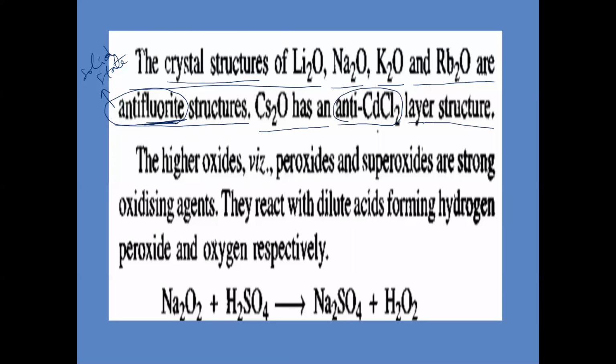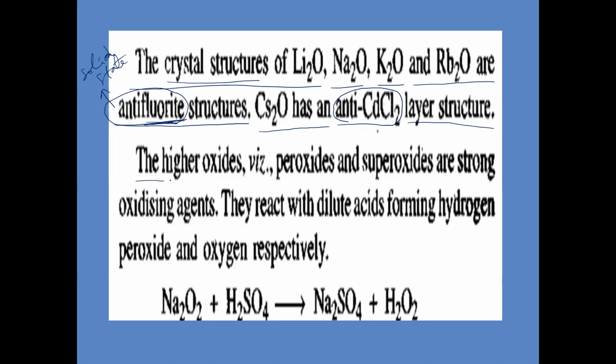It is a layered structure. So cesium oxide has the anti-cadmium chloride type of structure, but the remaining oxides have the anti-fluoride structure. Remember these names for the time being. We will study all these in detail in the solid state lesson.